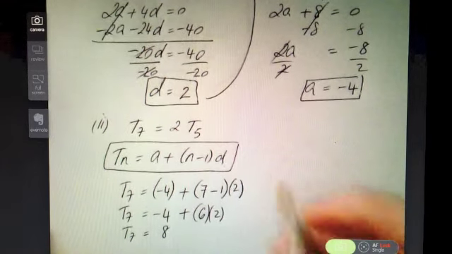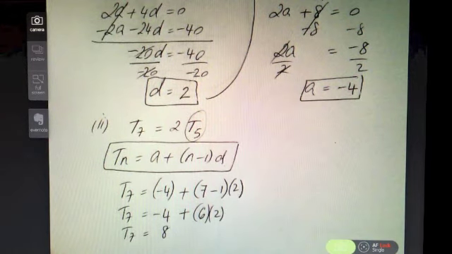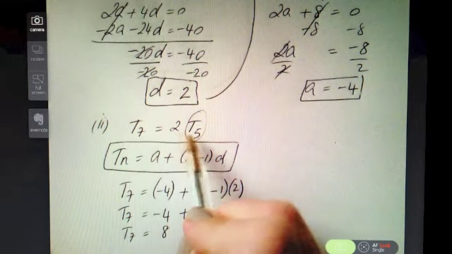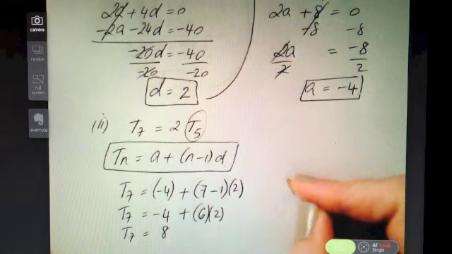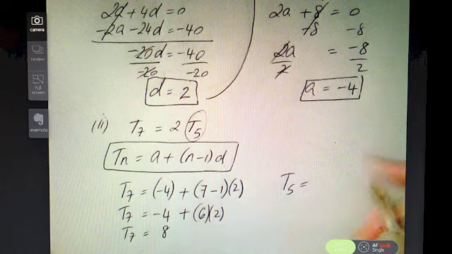All right, now let's have a look at T5. I want to show that T7 is twice T5, but let's just take a look and see what T5 is first. So I'm going to do the same thing as I did over here for T7, filling in all the bits of information that I know.